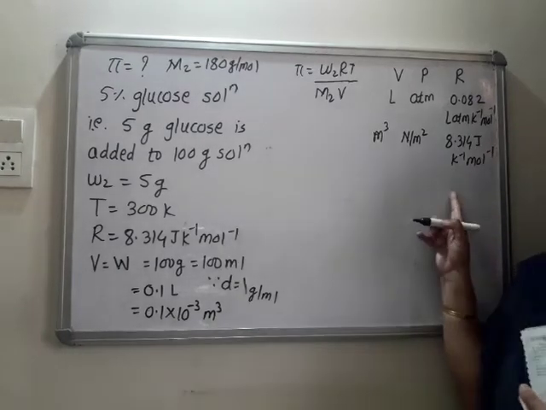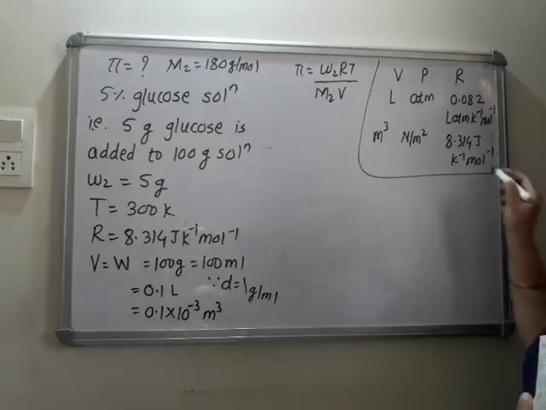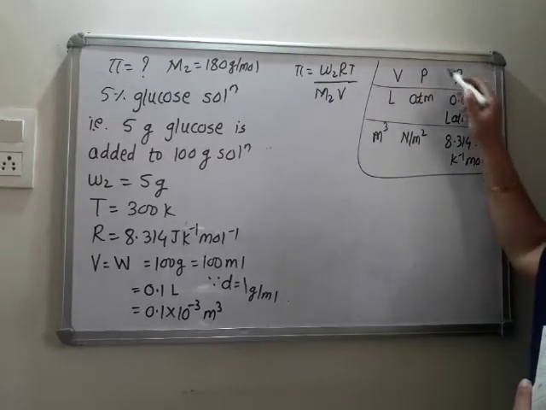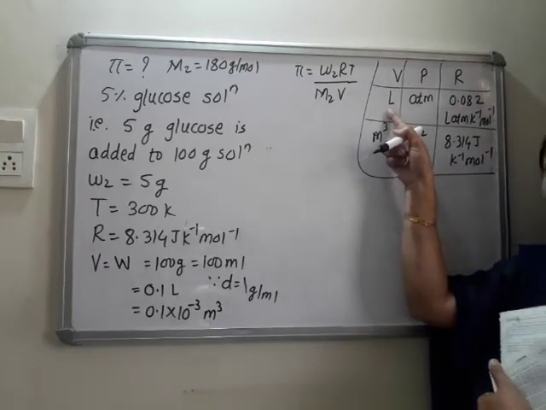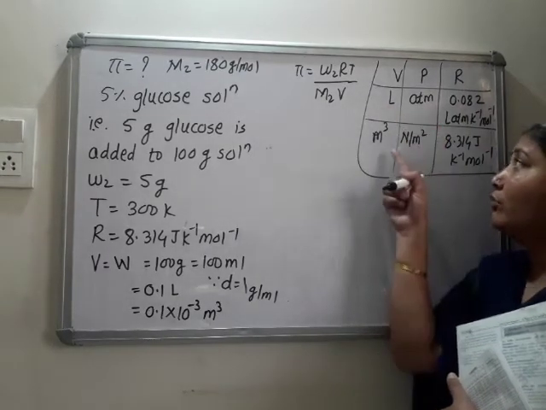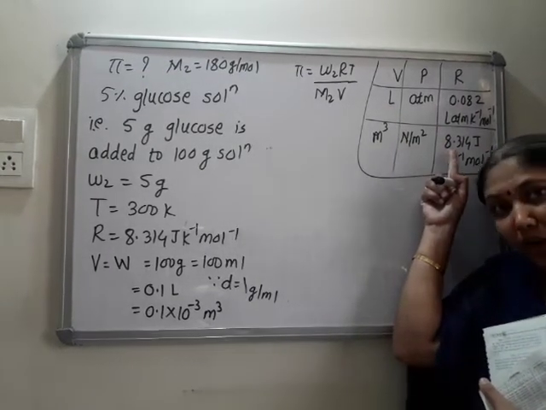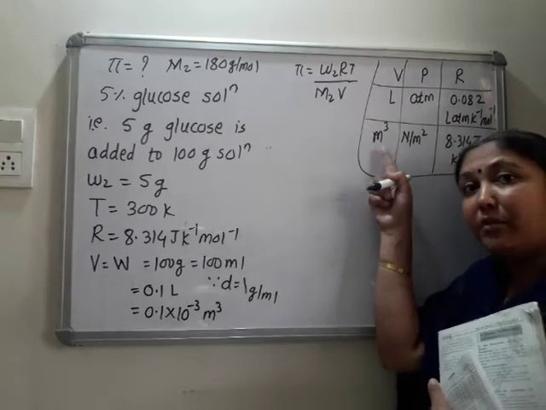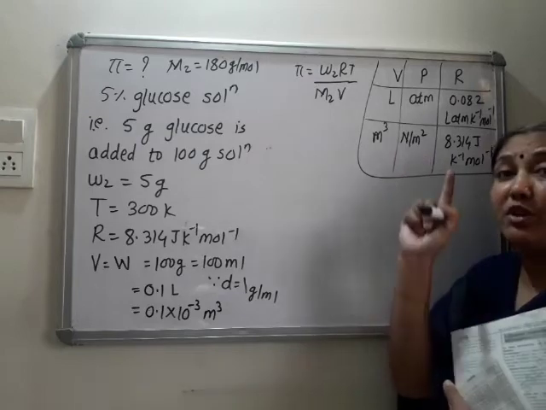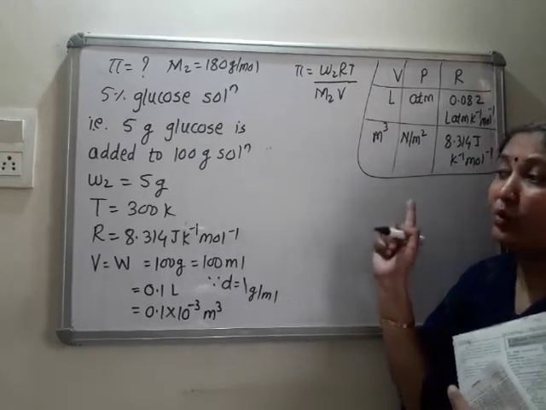Do you remember this? If not, write this at the top of your notebook and don't forget. Very important. To take this value, volume should be expressed in liter and pressure in atmosphere. To take the value of R as 8.314, volume must be expressed in meter cube and pressure must be expressed in Newton per meter square.